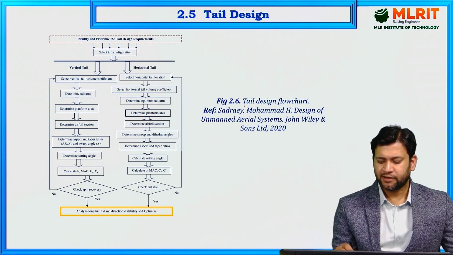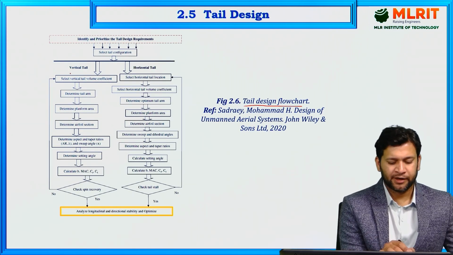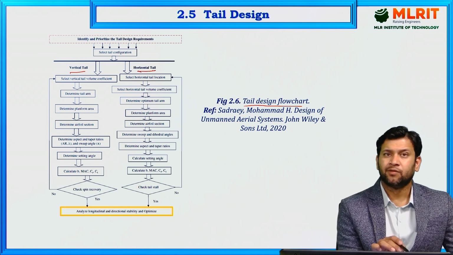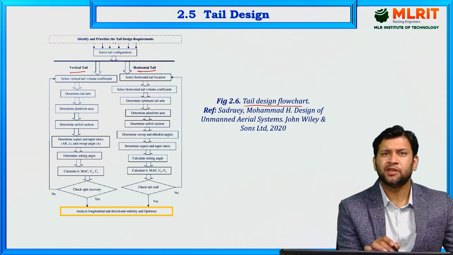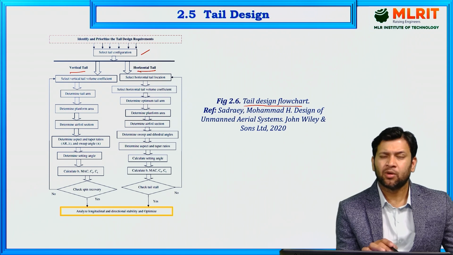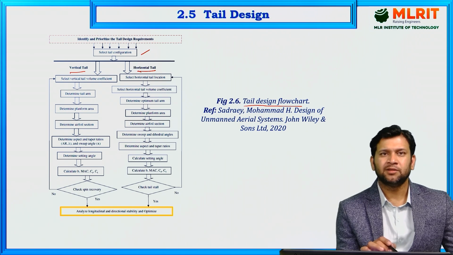This is the tail design flowchart for vertical tail and horizontal tail. There are two ways. First one is to identify and prioritize the tail design requirements, and then we'll go with the tail configuration. Once tail configuration is being selected, then we'll go with vertical tail and horizontal tail parallelly.